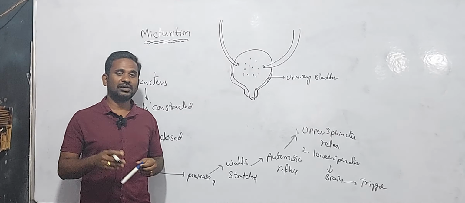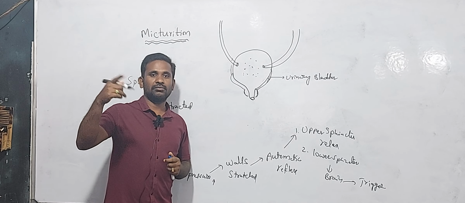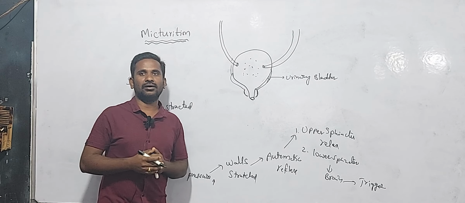Sometimes, adults or old people having problems can lose their urine. Why? Because the sphincters cannot work properly. If the sphincters are working properly, you can voluntarily micturate the urine from your urinary bladder. It's a very important function.